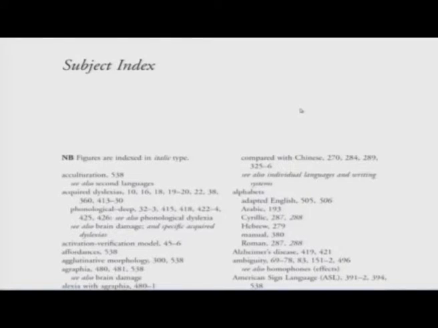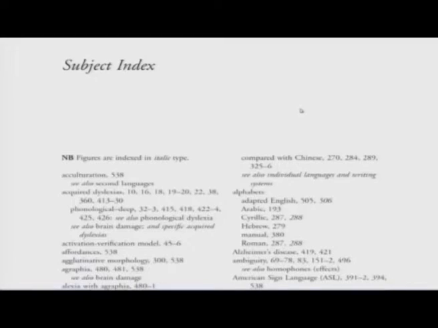Usually, books have index pages at the end. Some books have two kinds of index pages. One is called subject index, as you can see here. Sometimes you also see an author index.